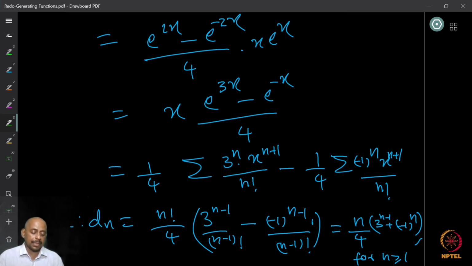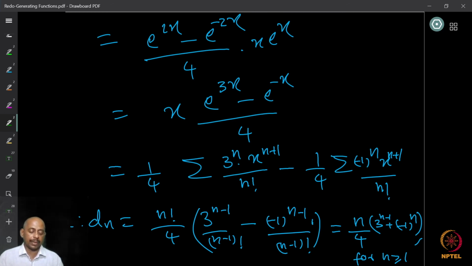Then 1 by 4 I can take outside, and x e raised to 3x I can simplify as 3 raised to n into x raised to n plus 1 by n factorial, because 1 x is coming from outside, and similarly 1 by 4 into minus 1 raised to n x raised to n plus 1 by n factorial.